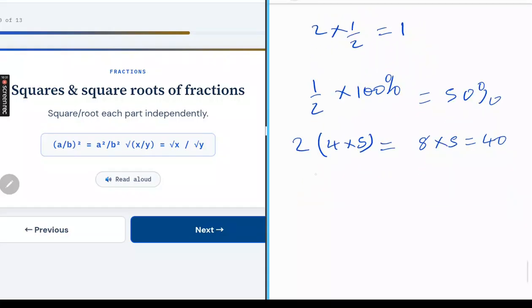But if it is a square, think of 36 divided by 4, squared.